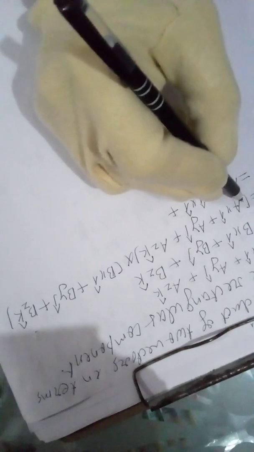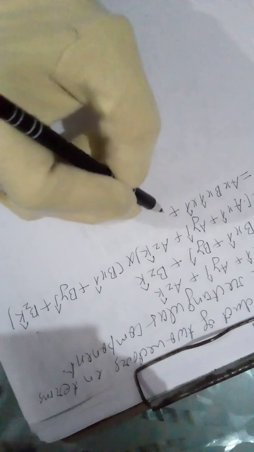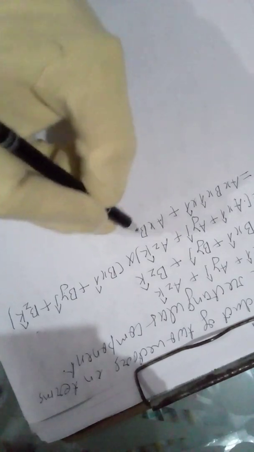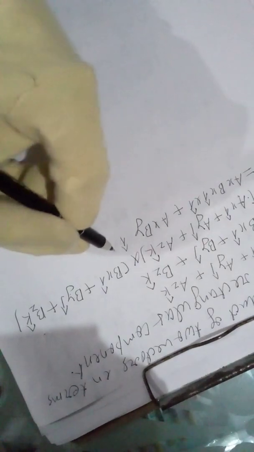The first term ax i with the second term by j, multiplying the signs, plus into plus is plus, gives ax by, and now the unit vectors i cross j.